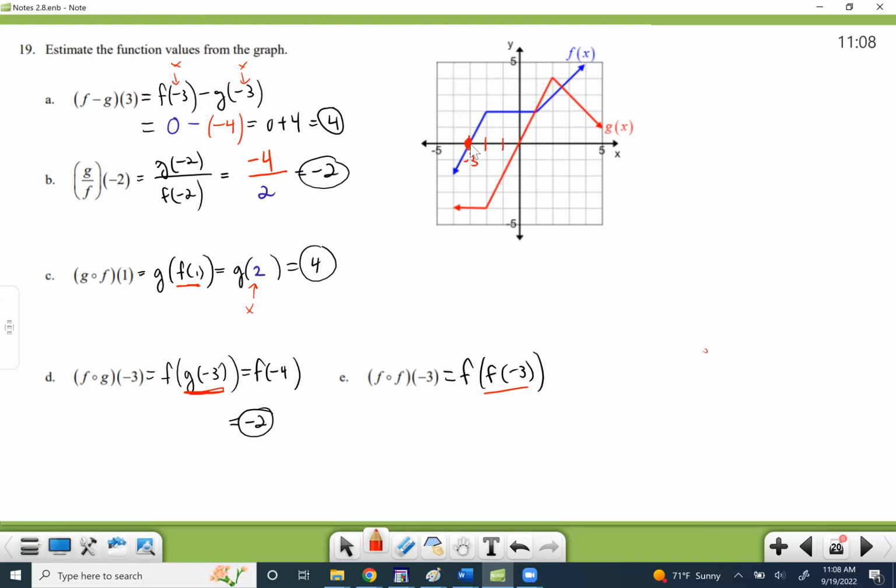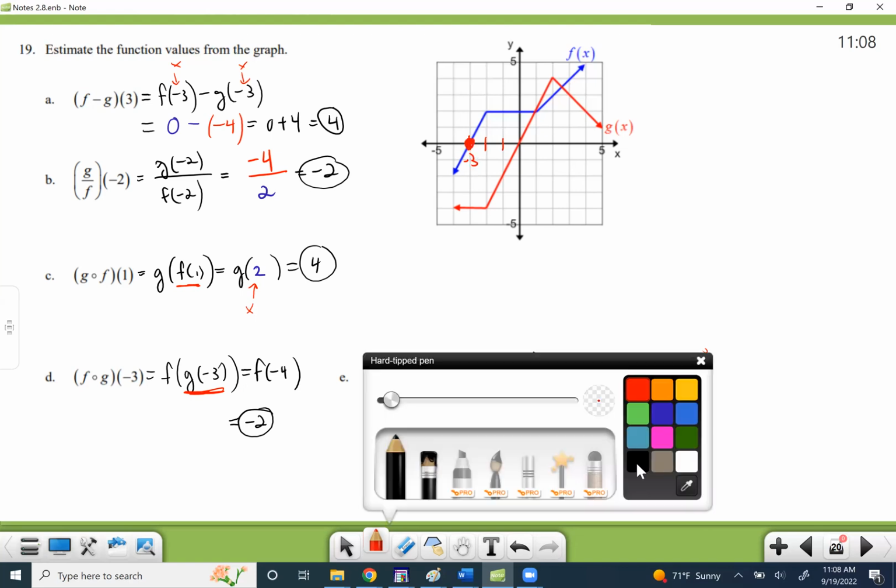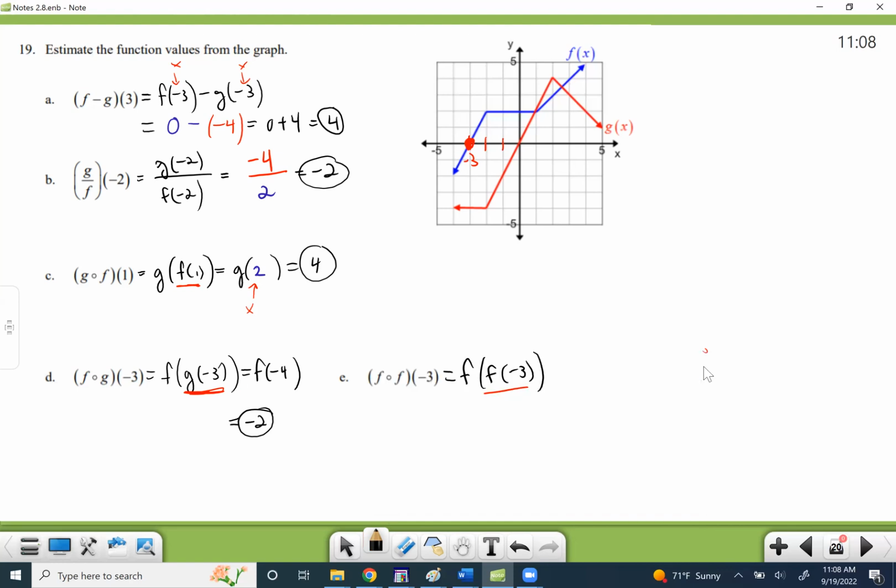Well, that would be 0. So that's going to be our inner number, 0. So now we're going to go to where 0 is. 0 is right here. And I got to look at the f curve, which is the blue curve. So from there, I'd go up 1, 2. So +2 would be the answer.